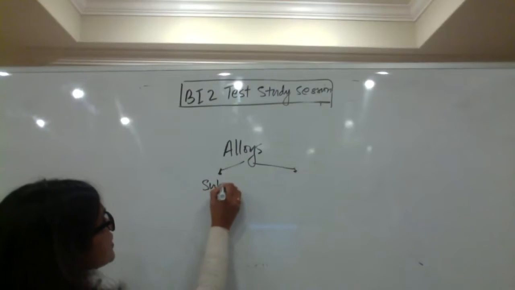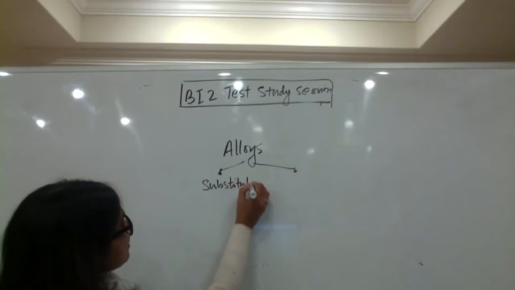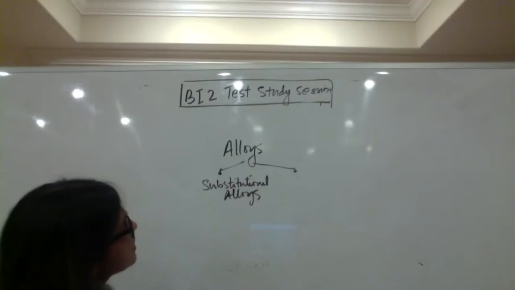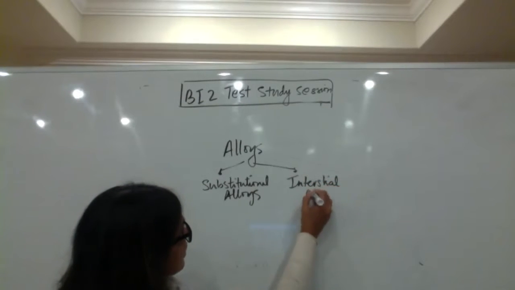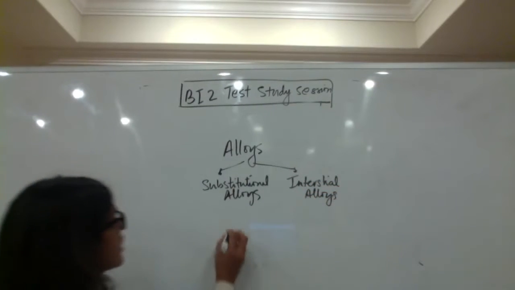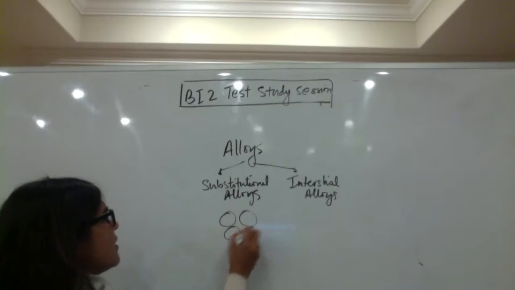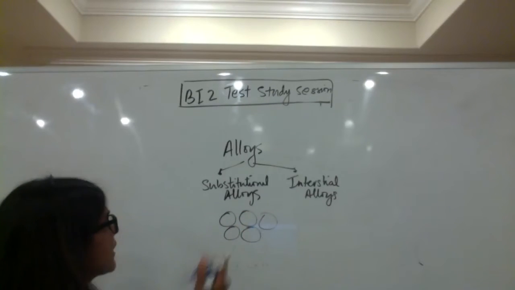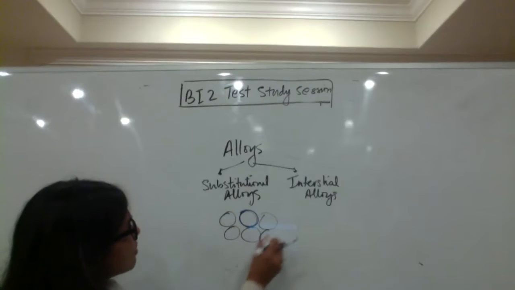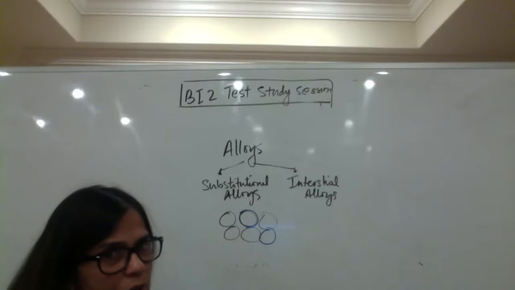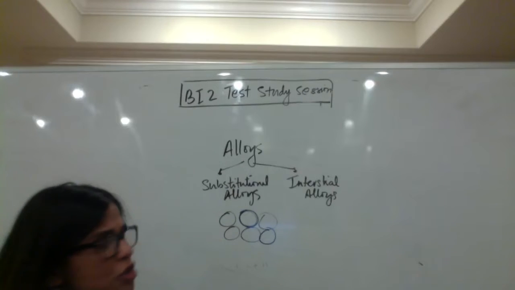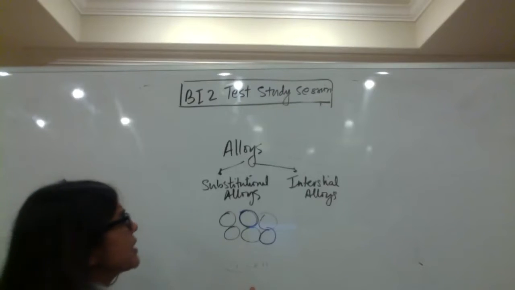One are substitutional alloys, and the other ones are interstitial alloys. And substitutional alloys have same size atom of two metals. So one of the atom or more of the atoms can be replaced because the atomic radii are about the same. And as a result of substitutional alloys, the flexibility or malleability kind of remain the same.